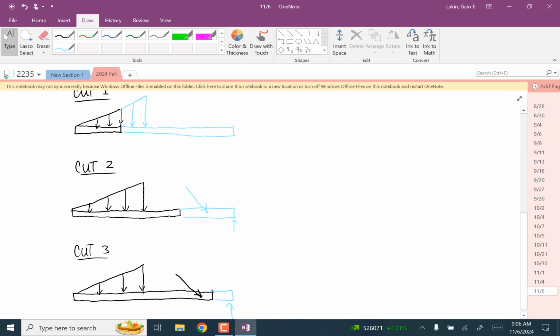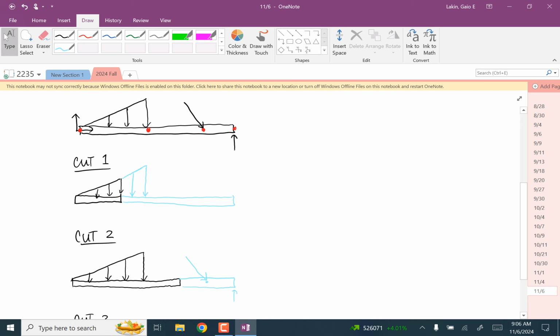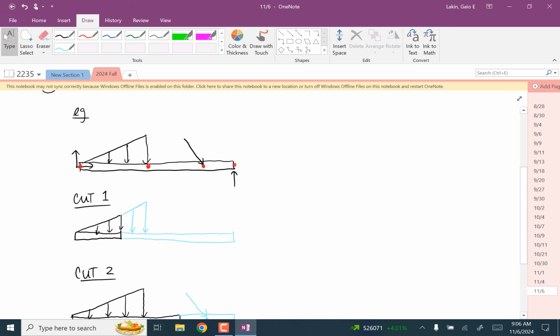Yeah. So, I'm sorry, I kind of missed that first part. So cut one, is that at that 2/3 of the triangle? No. So remember that what you're doing with these cuts is you're just coming up with a single general free body that represents a whole interval of x values. And so remember that we're going to say this distance is x, and we're going to do everything in terms of x.